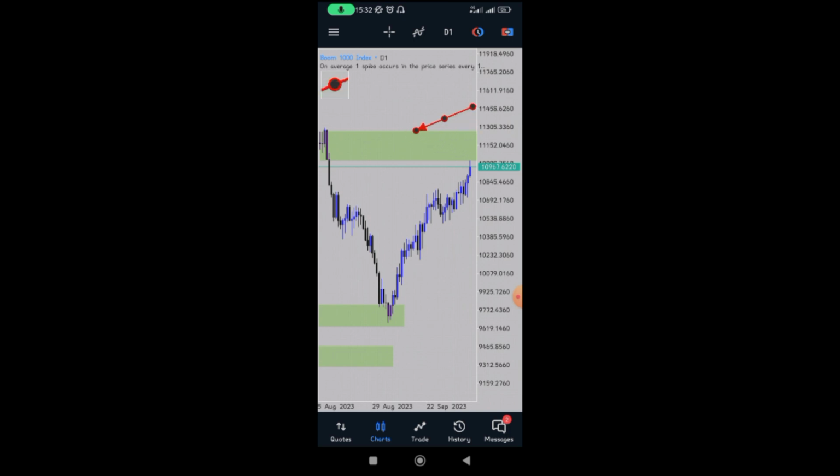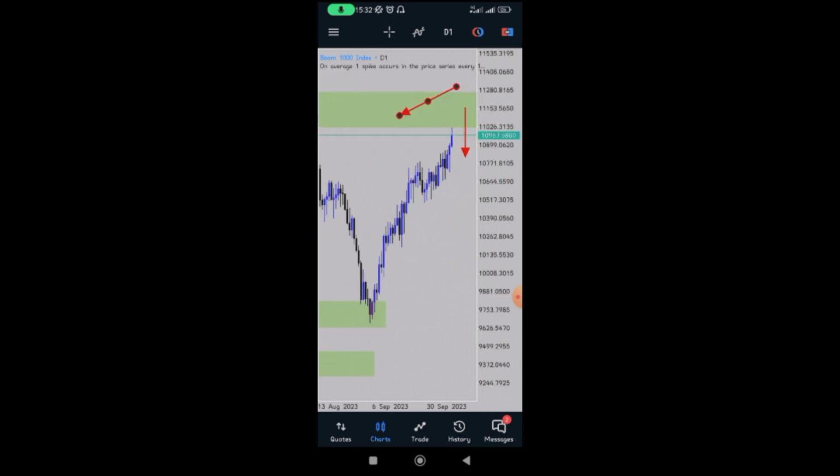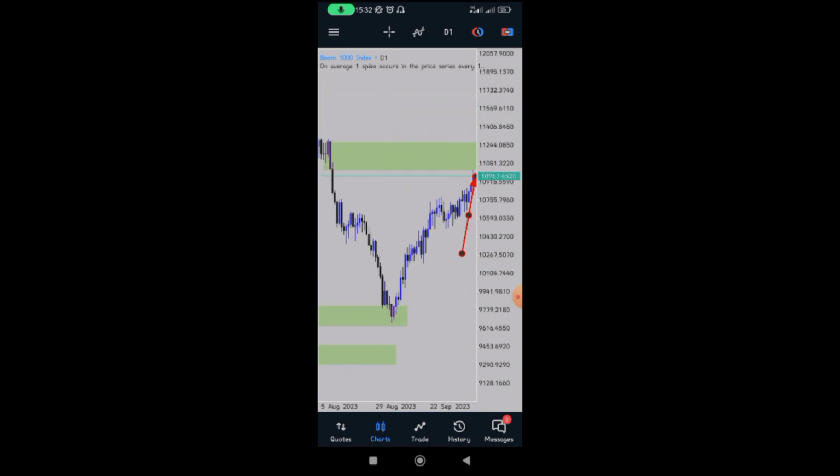You can see our order block here, and you can see this place, this zone. So I'm actually looking for a sell at this zone, and you can see I've been waiting for price to come to that level there.